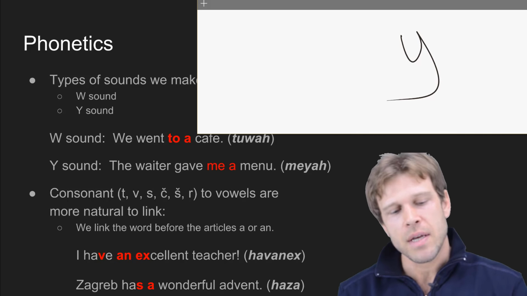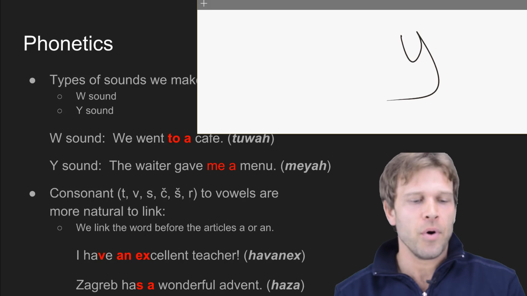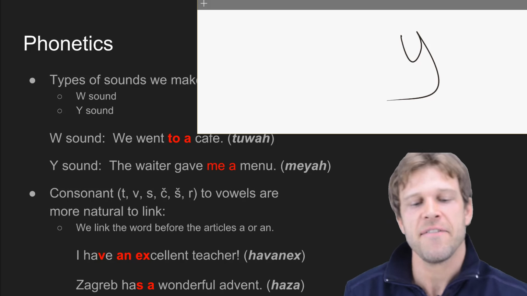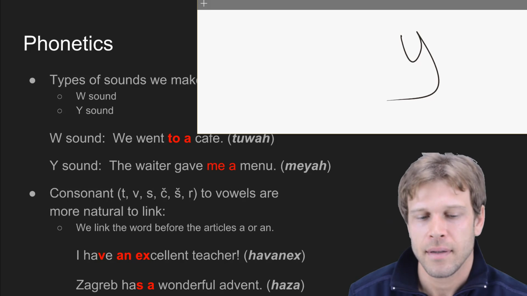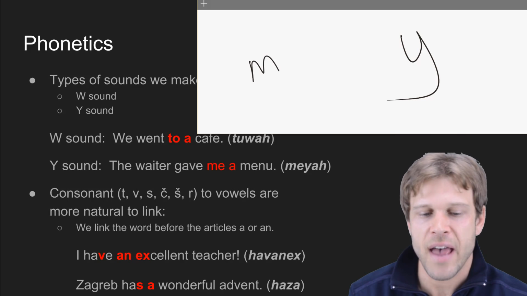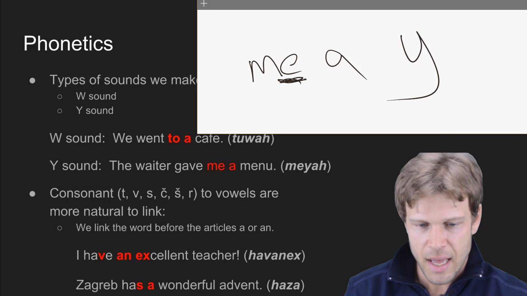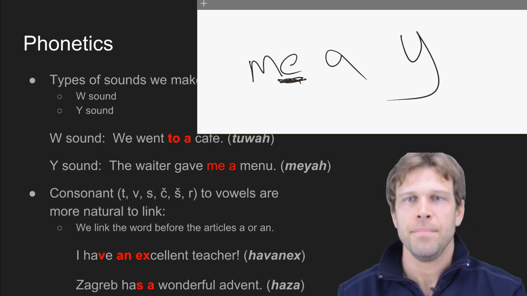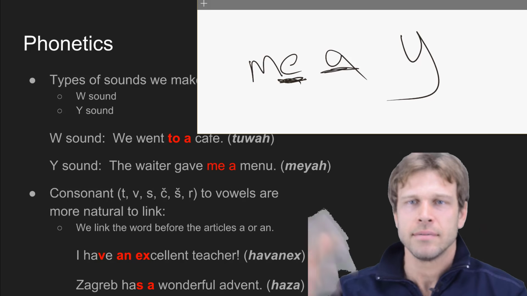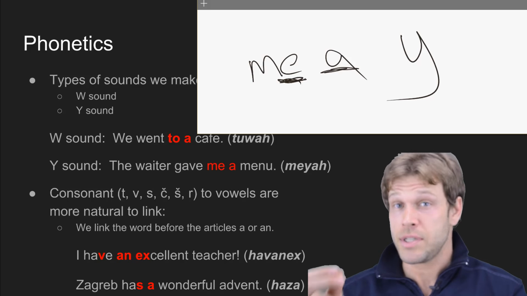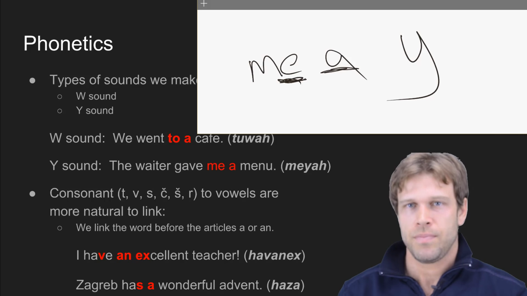So, the next example, the Y sound, the waiter gave me ya. Okay? This is a vowel, E. And then Mia. Mamma mia. All right? Like the Croatian name, Mia. Okay, that's how we say it. The waiter gave me a menu. Can you say that?